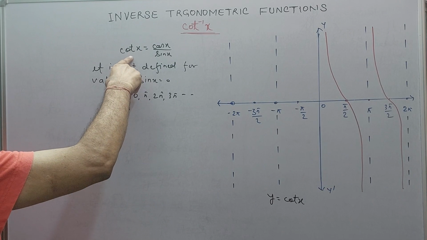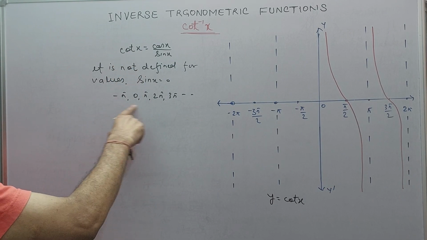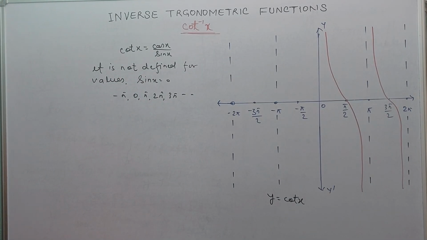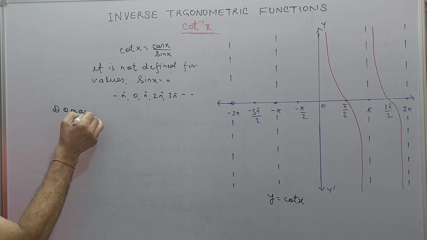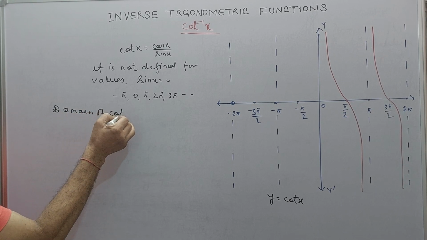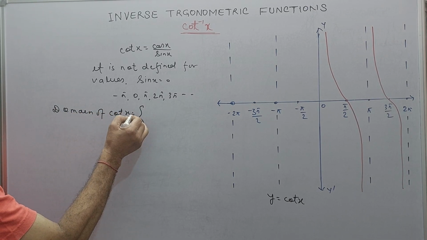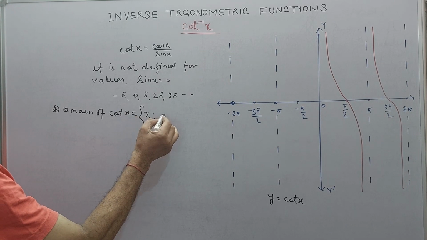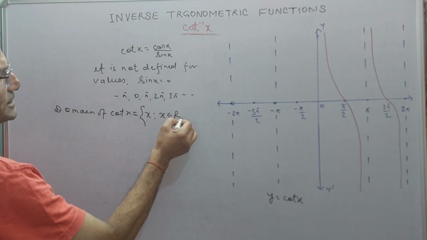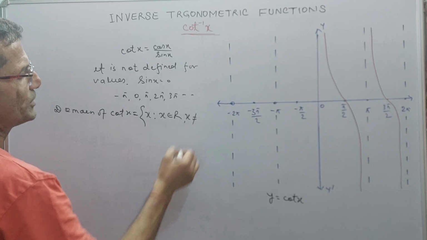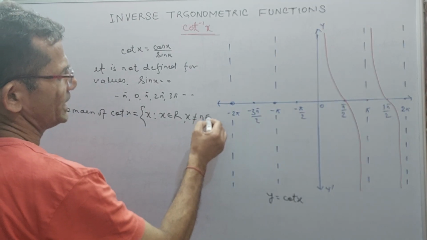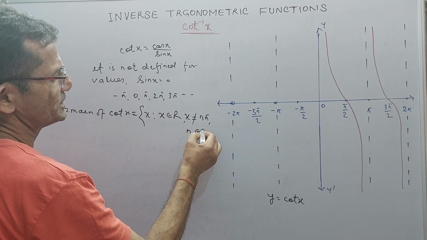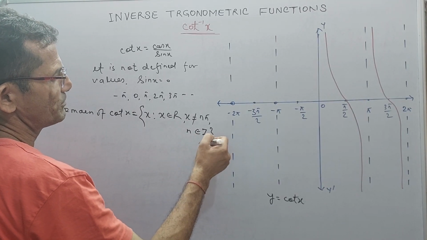That's why we have to delete these values from the domain of cot x, and then we get the function. Therefore the domain of cot x is x such that x is a real number and x cannot be n pi, where n is the set of integers.